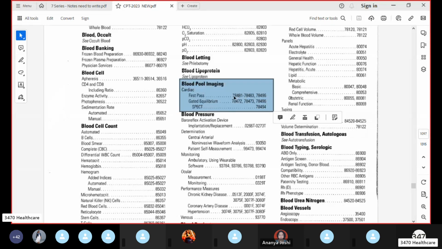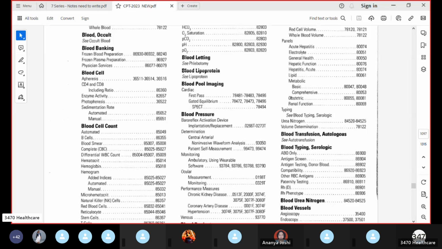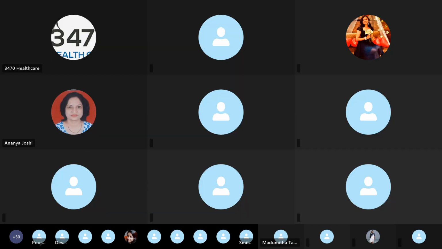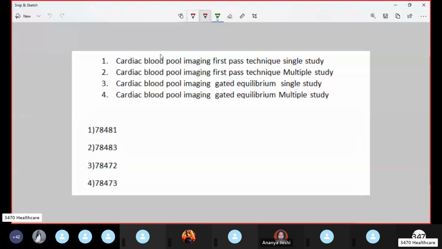You got 78481 and 78483, your code range, right? You can go and confirm. Gated equilibrium means what? First pass means what? Okay, so this is the answer.